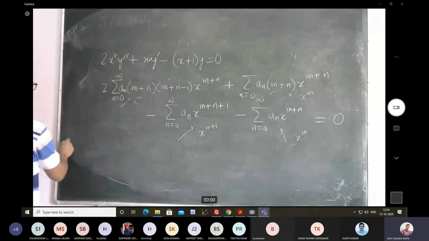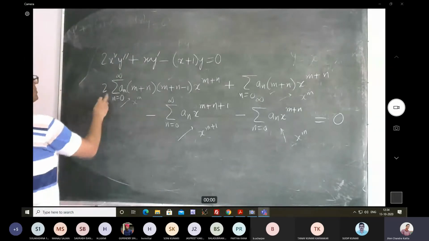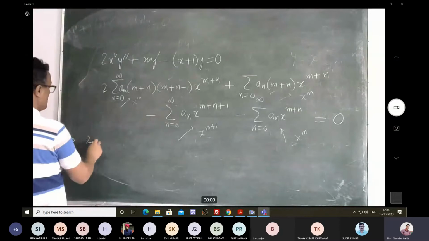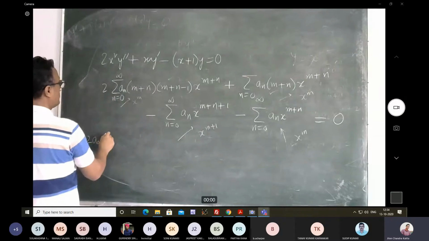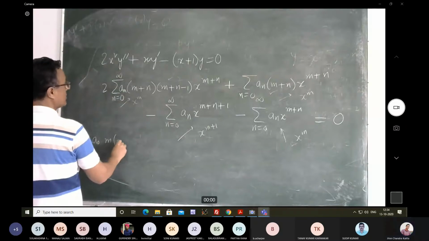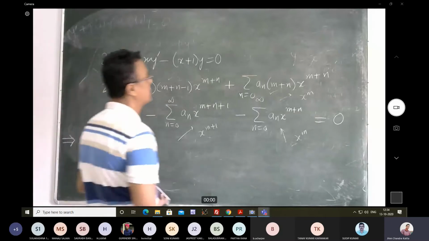So then this is going to give me 2 a naught, because n equal to 0. Then I am going to have m into m minus 1. So the first term I have done for this.